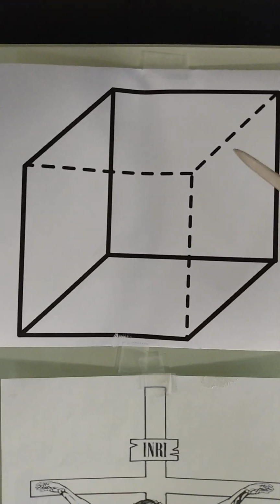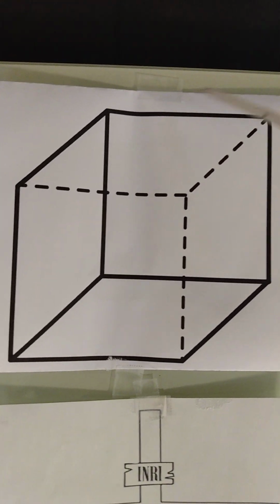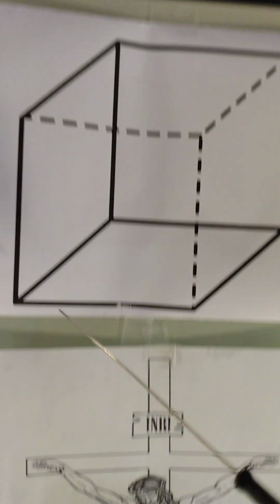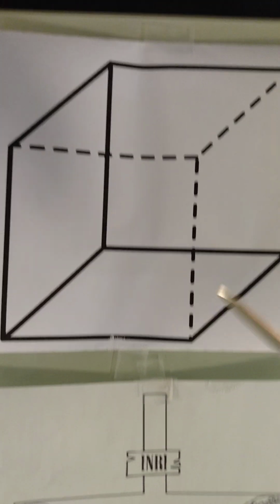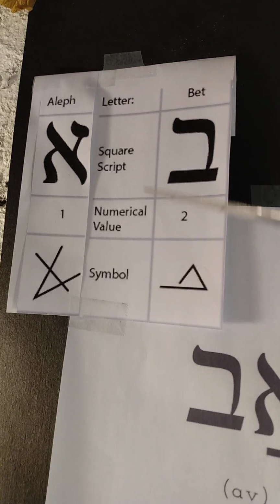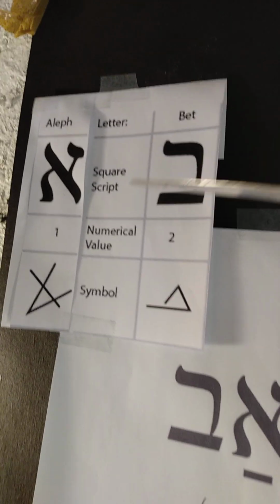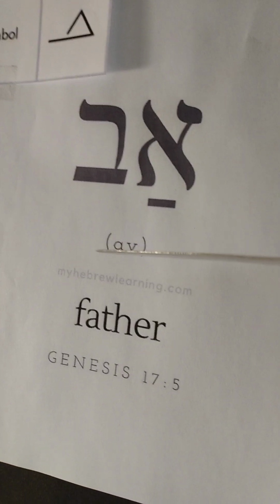And it's the same thing with the cube. You will find 1, 2, 3, 4 on top, 1, 2, 3, 4 around, and 1, 2, 3, 4 on the bottom. And your 12 is associated to the Aleph Bet, which is the alphabet, but it also means father.